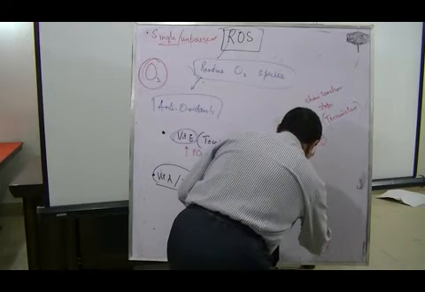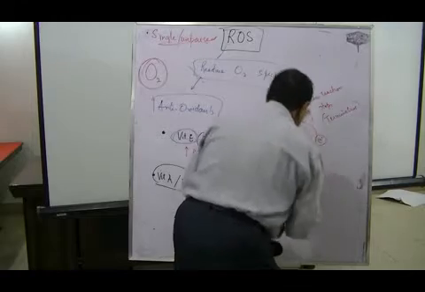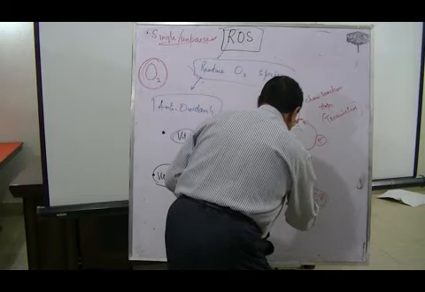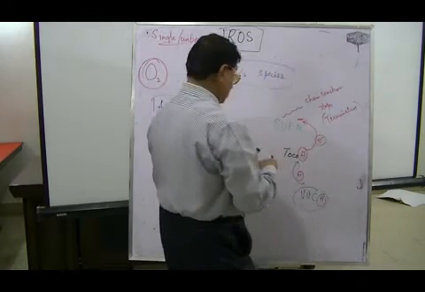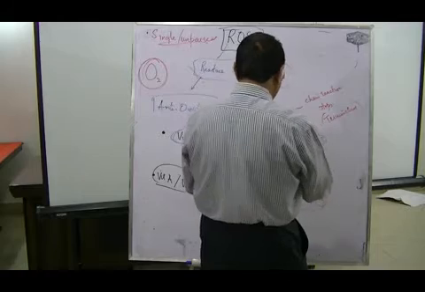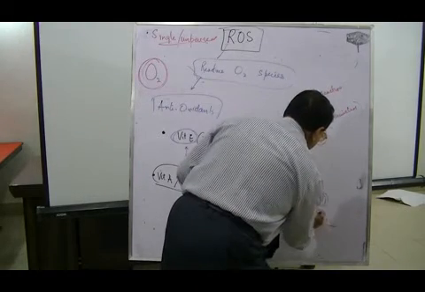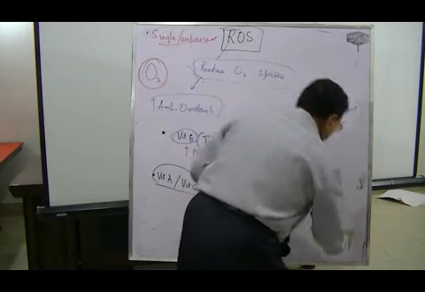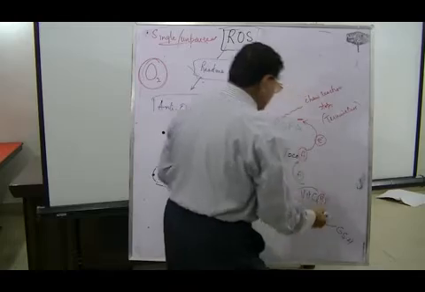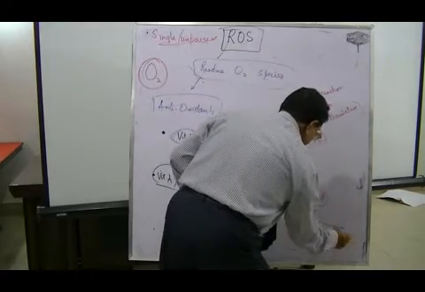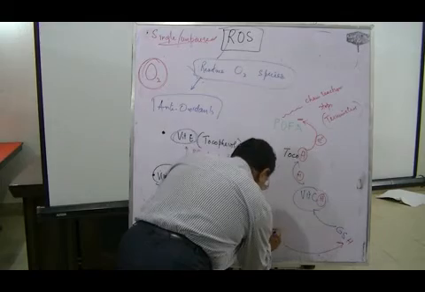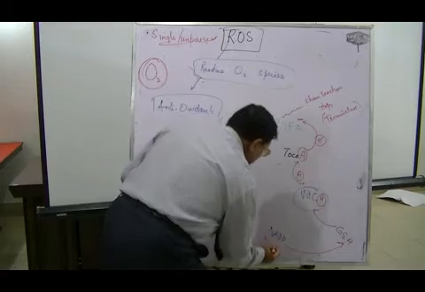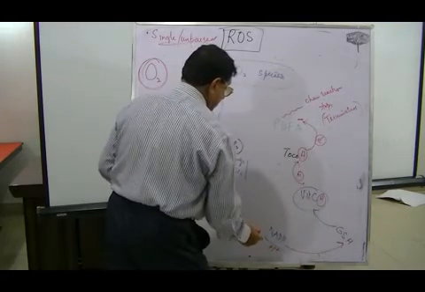Vitamin C, that is ascorbate, gets its H from glutathione, reduced glutathione. And glutathione gets its H from NADPH2.